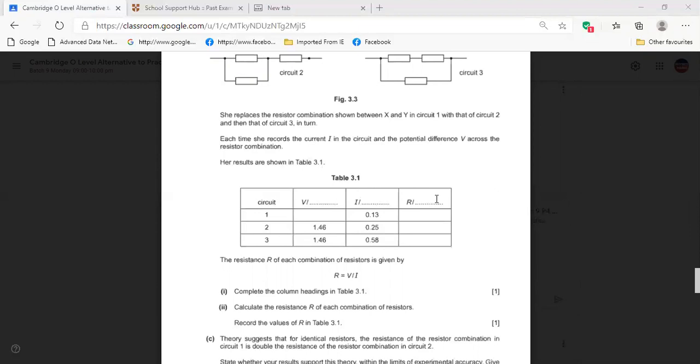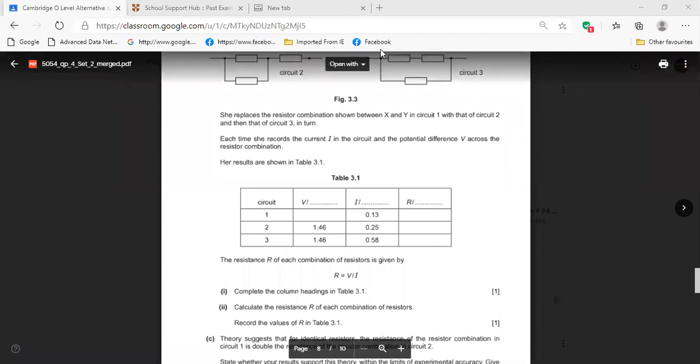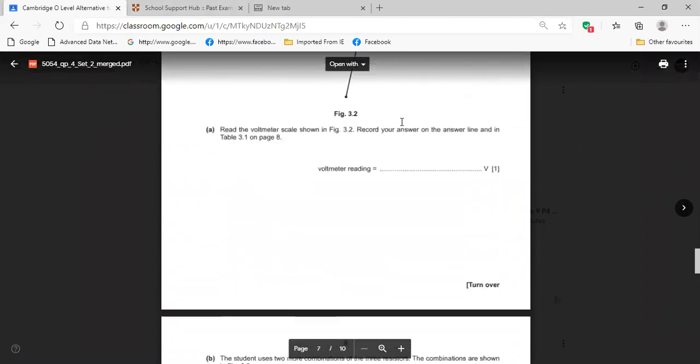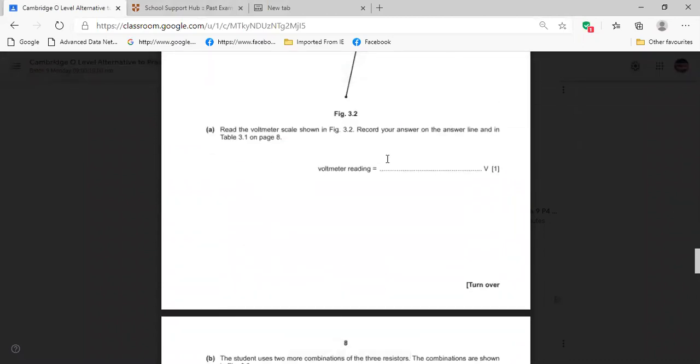You can give the symbol or you can write ohm, right? Now, Abir, how are you? Fine, sir. Yeah, so a little bit late today, right? Try to be on time.